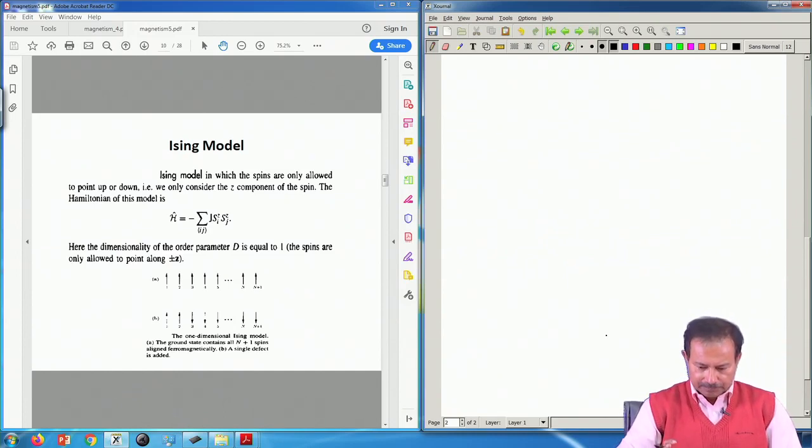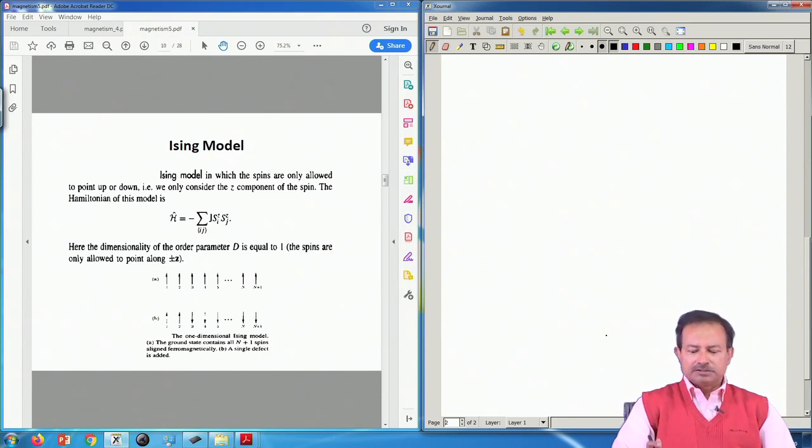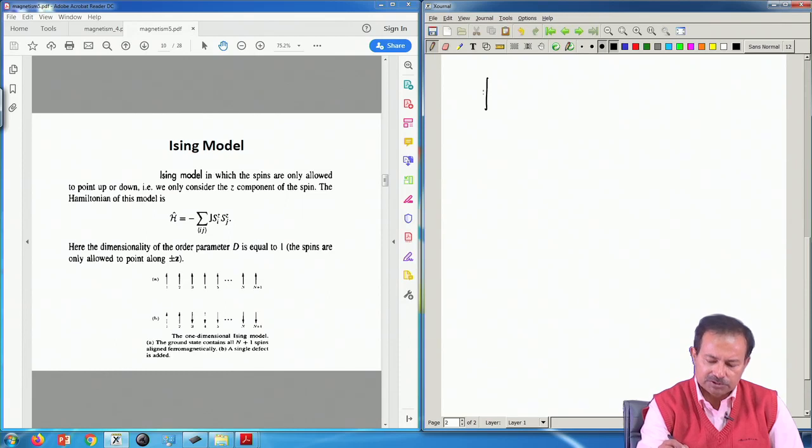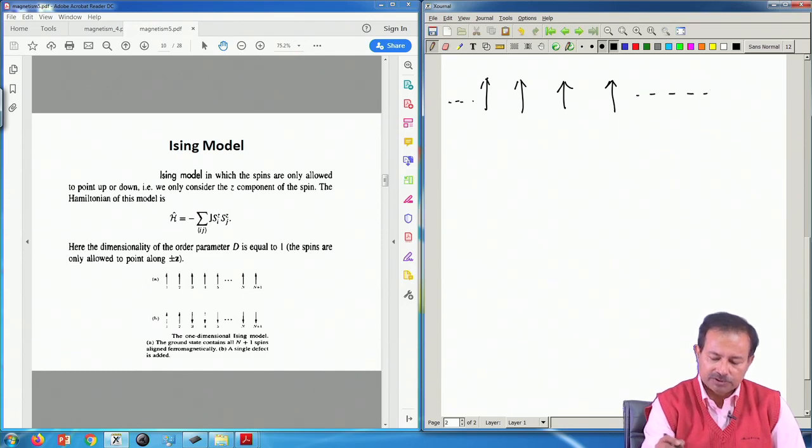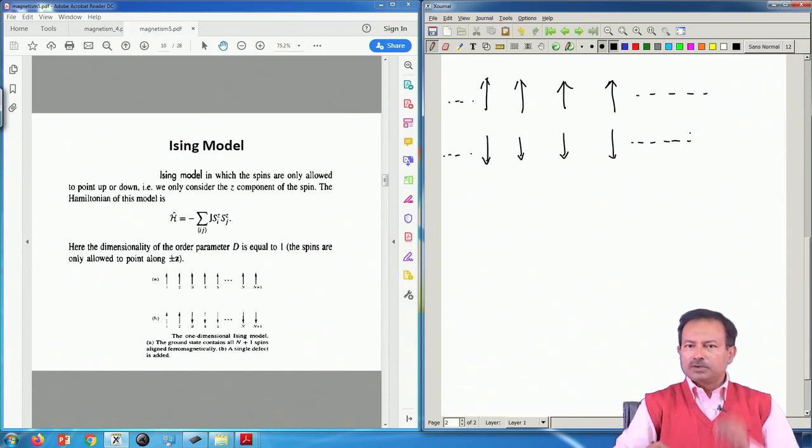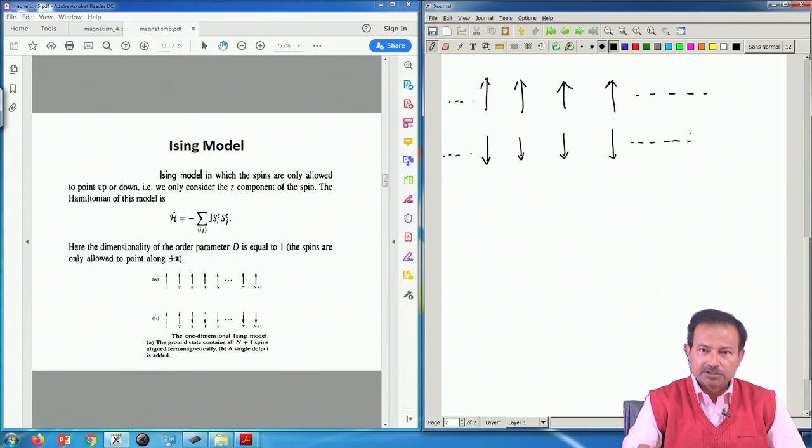In the one dimensional case, where the space dimension in which the Ising model is defined is just one, you can have two states which are degenerate, which is all up on both sides going to infinity, and all down. So, you can go to either of the two states, for example, when the result is a ferromagnet.